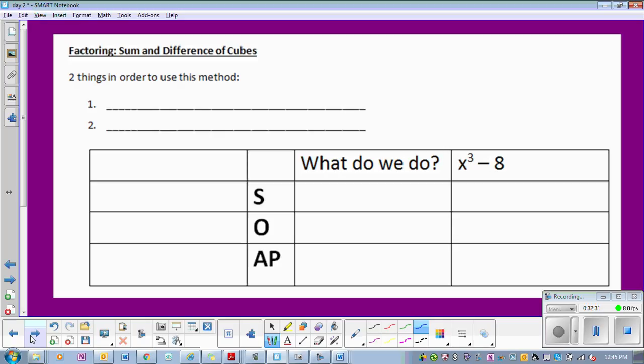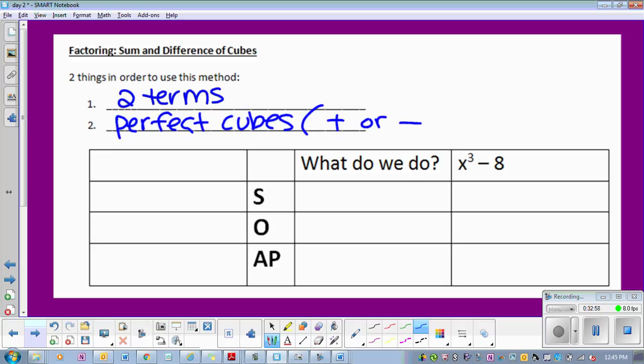It's not just subtract. Again, two terms. You can only do this with binomials. And the second thing, you have to have perfect cubes. And then in parentheses, we'll say plus or minus, right? They can be adding or subtracting.